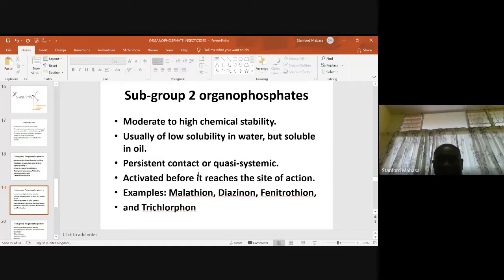These are activated before they reach the site of action. Examples of such organophosphates, we have got malathion, diazinon, fenitrothion, and trichlorphon. So these are the subgroup 2.